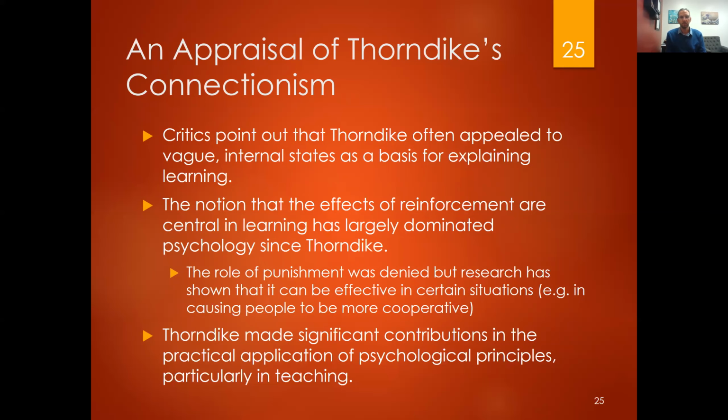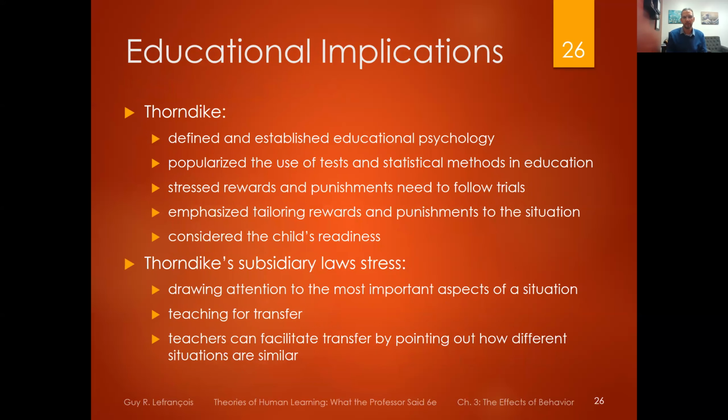Finally, Thorndike, I didn't talk about it much here, made significant contributions in how we apply psychological principles, particularly in how we teach people. And that's where he had that really large influence on the educational system in terms of how we help students learn better. All right, last slide.